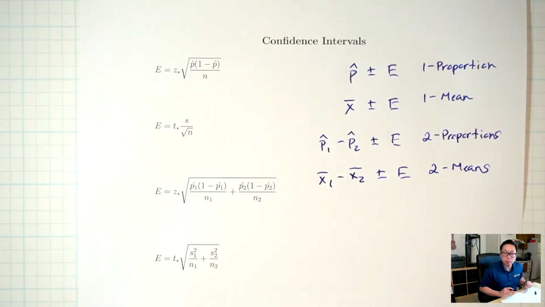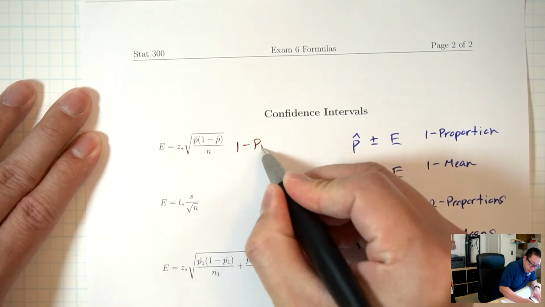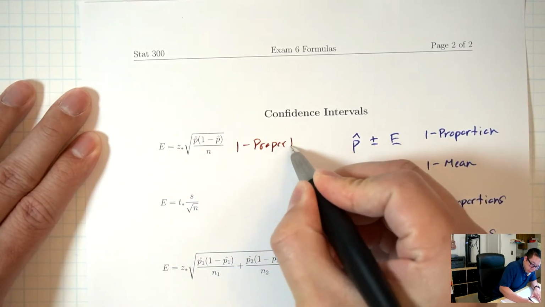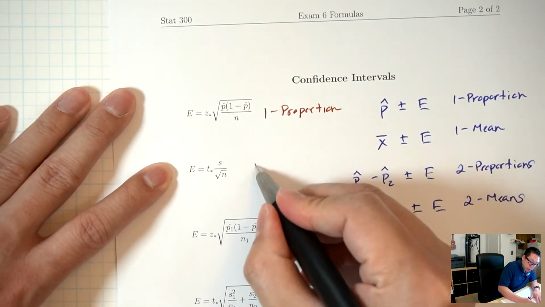And that's these formulas. In general, Z stars are for proportions and T stars are for means. The first one with the Z star, that's for the one proportion situation. The second one with the T star, that's for one mean.